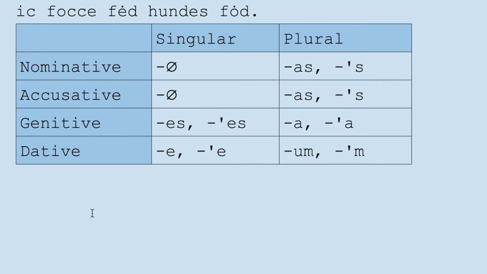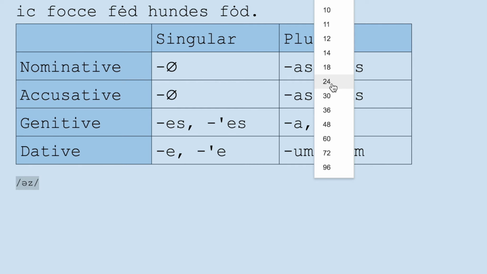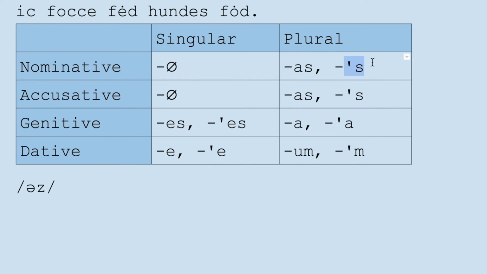Let's also go over how to pronounce these, because pretty much like any grammatical element in any language, these aren't really pronounced exactly. So to pluralize nouns, we add this ending, which looks like as, but is actually pronounced more like us. Let's make this bigger. It's pronounced more like us, and if there is a vowel before it, it's just z.